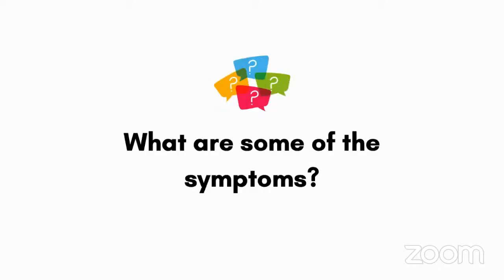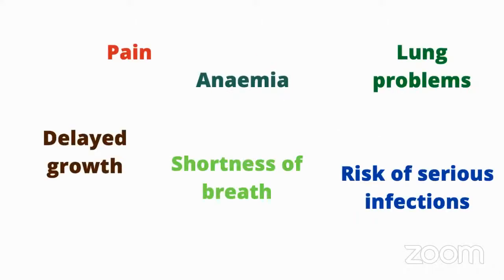So what are the symptoms of sickle cell disease? In a nutshell, these are some of them. As I mentioned, because the sickle cells are unable to carry enough oxygen around parts of the body and can restrict blood flow, people may experience pain as a result. You may often hear people say they've experienced a sickle cell crisis, which is an accumulation of pain.